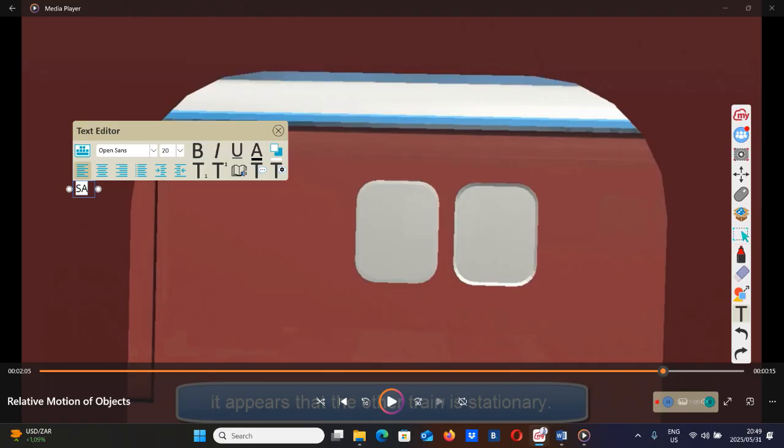Okay, same direction. Subtract, subtract, subtract. Not sure of the spelling. Subtract velocities.